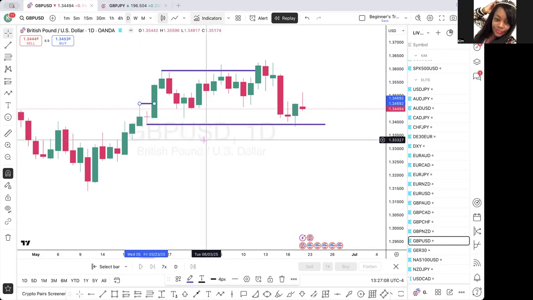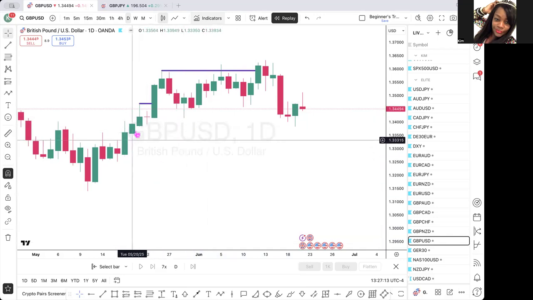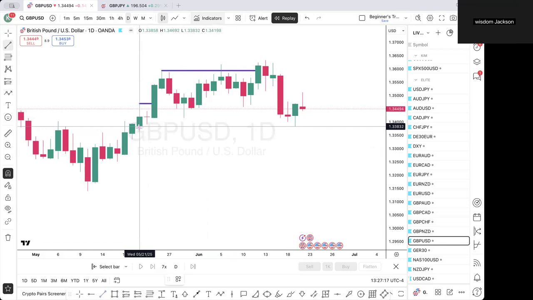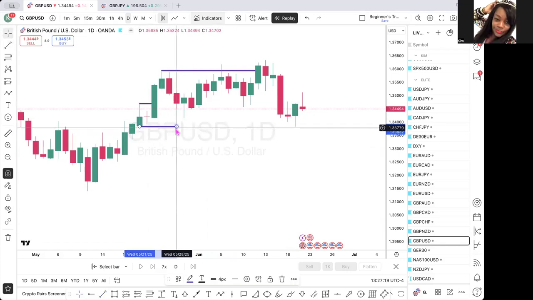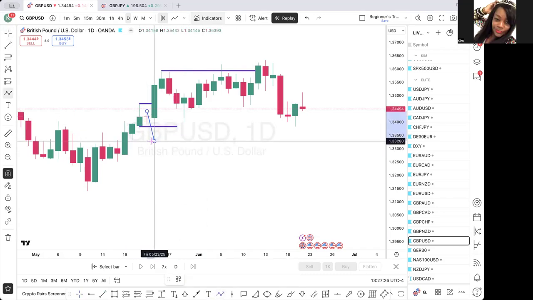So you had that daily. If I marked up the daily candle, this daily candle right here, that was the high and that was the low, right? Price either had to close below here or sweep the low, and it didn't.